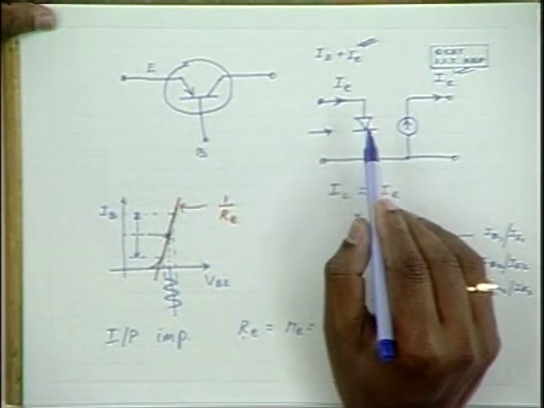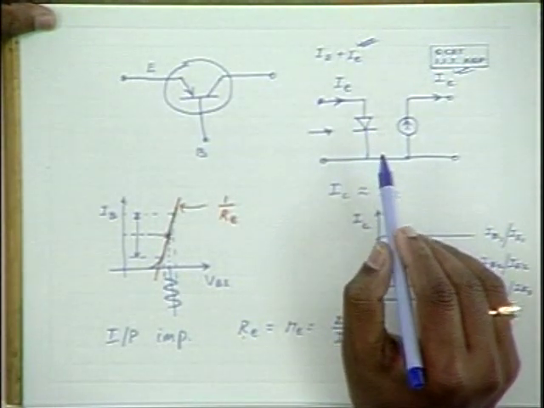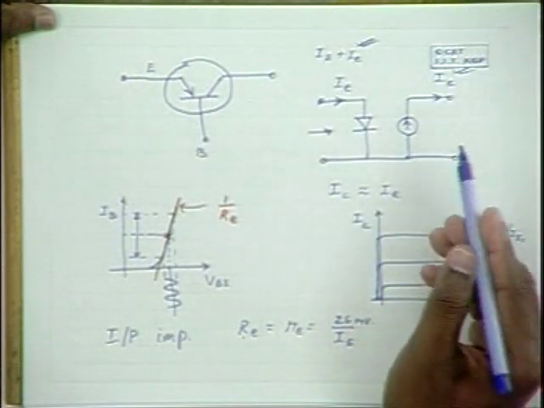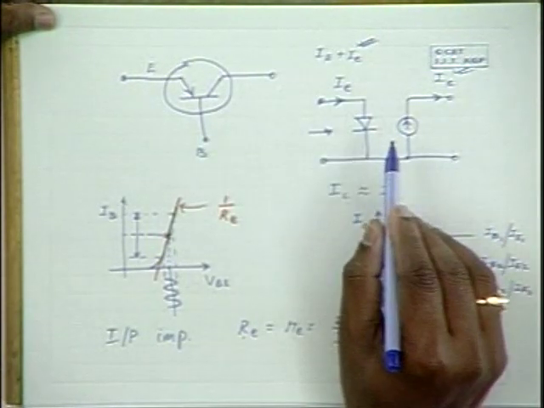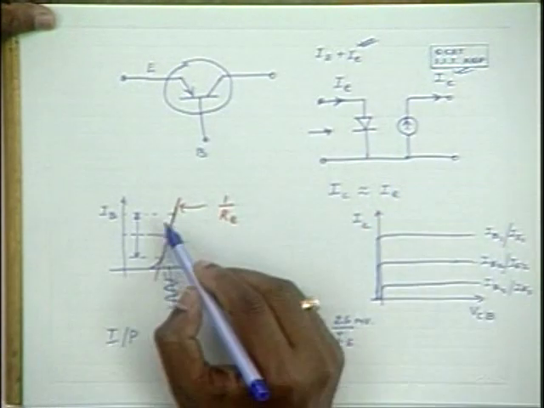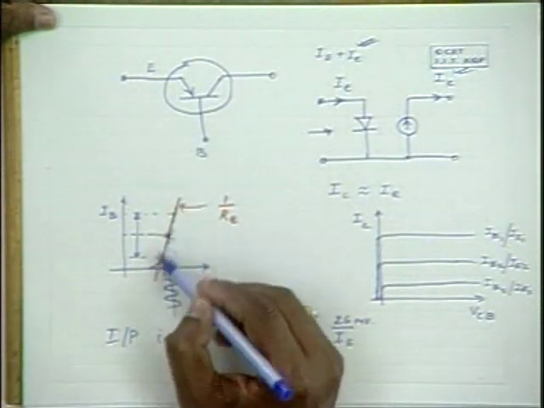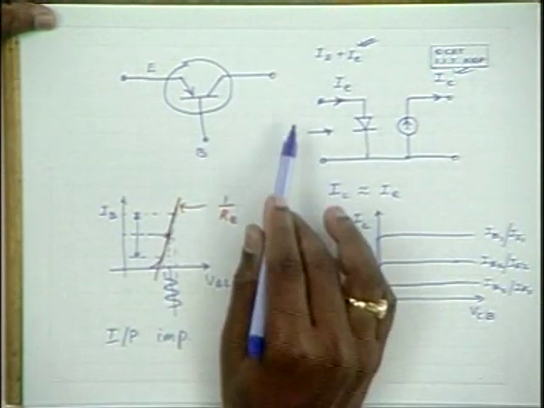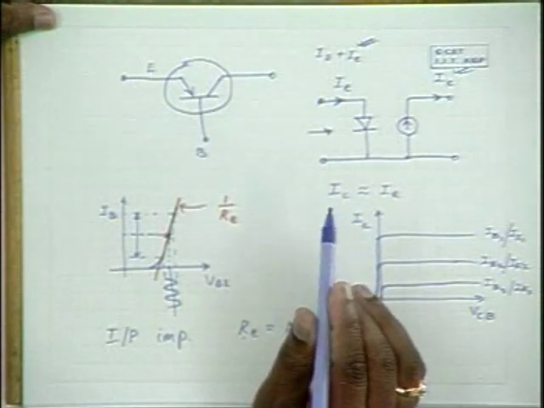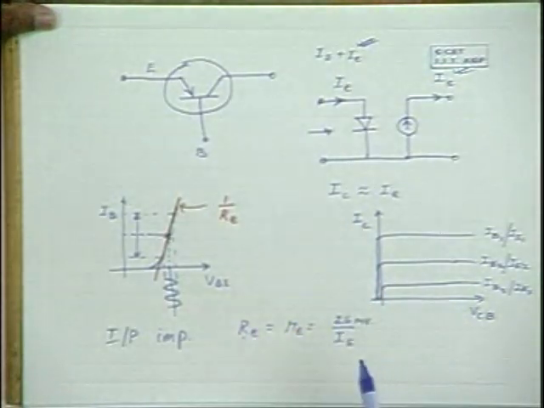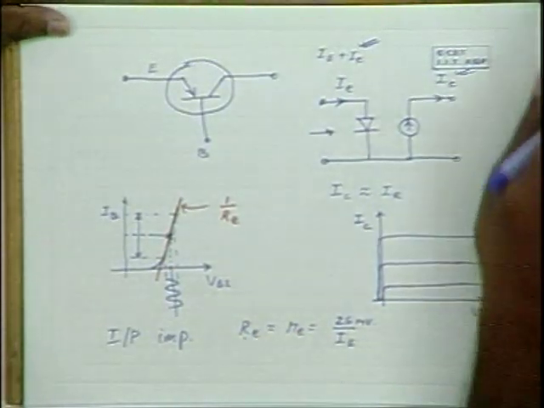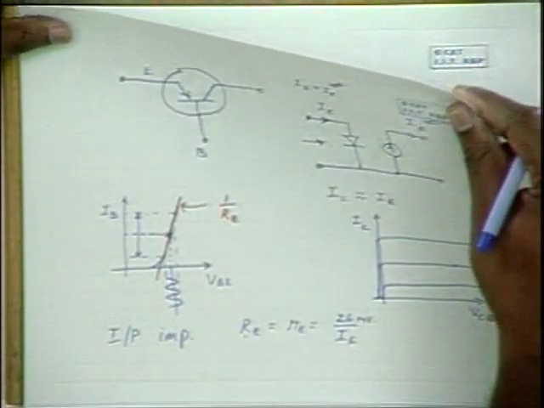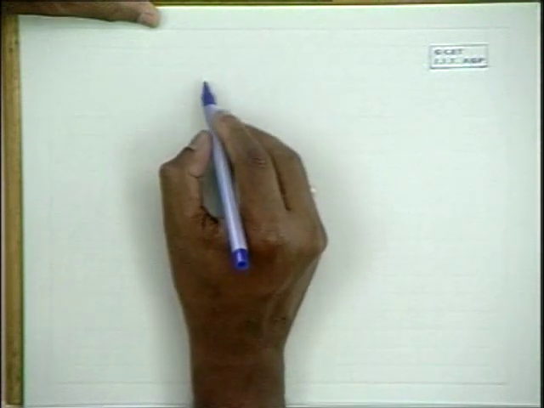So how much is the input impedance it offers? It may be a few ohms to a few tens of ohms, which can be obtained from the slope of this diode. Hence, as far as small signals are concerned, now the model can be expressed in this form.